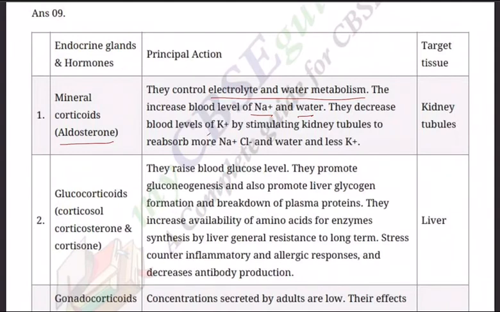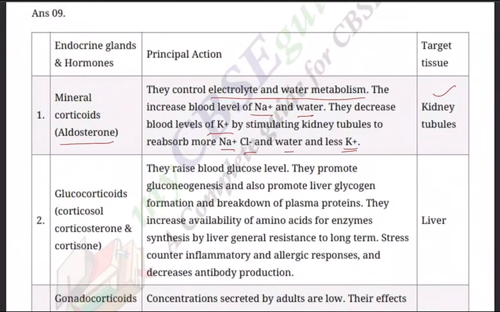They increase blood levels of sodium and water. They decrease blood levels of K+, potassium, by stimulating kidney tubules to reabsorb more sodium, more chloride and water and less potassium. Look at this. Directly it is controlling the kidney. So target tissue, as we expect, kidney tubules.